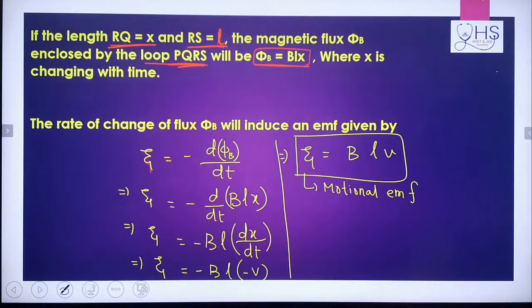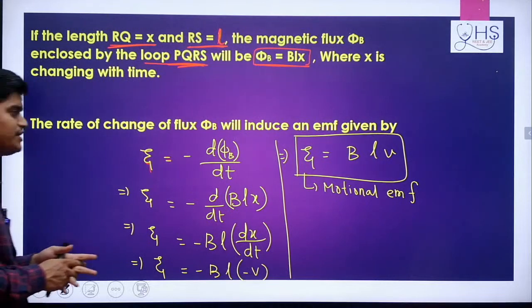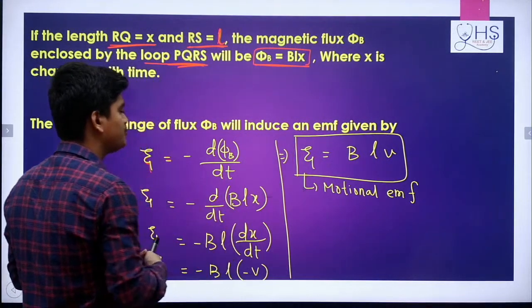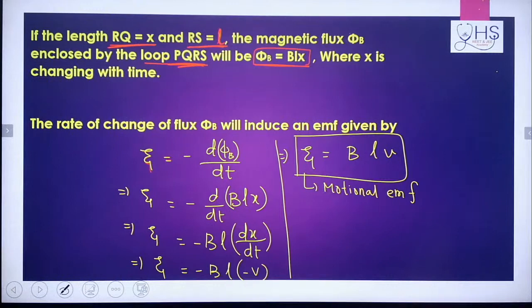EMF. Now after finding EMF, we can go for induced current. These are basically induced EMF, you can also call it motional induced EMF. Now you can find the current flowing through the circuit. After current, you can also find the force acting on the conductor, the power, everything you can find out. So please note it down.